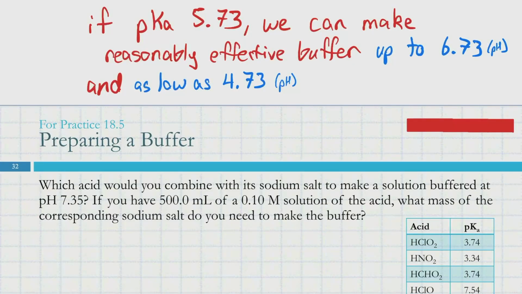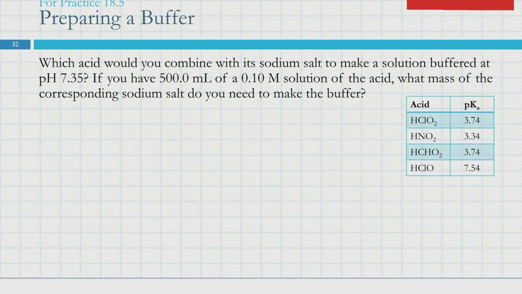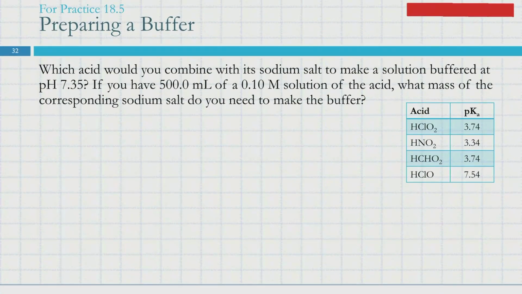And to practice those selection methods, which of these acids would you want to combine with its sodium salt to make a solution buffered at 7.35 pH? If you have 500 milliliters of a 0.1 molar solution of the acid, what's the mass of the corresponding sodium salt you need to make the buffer?